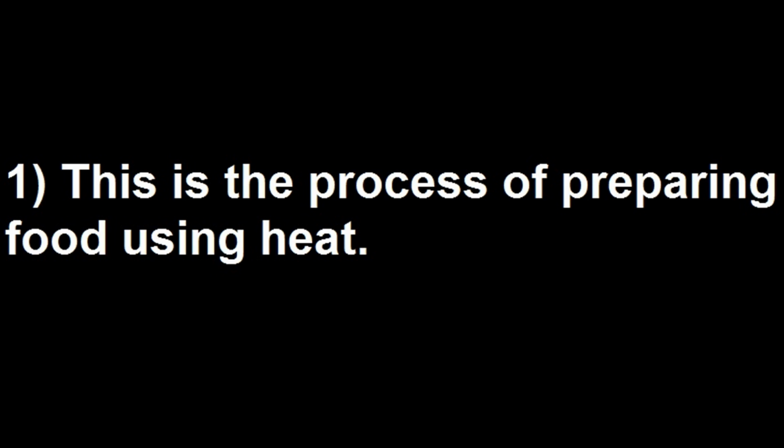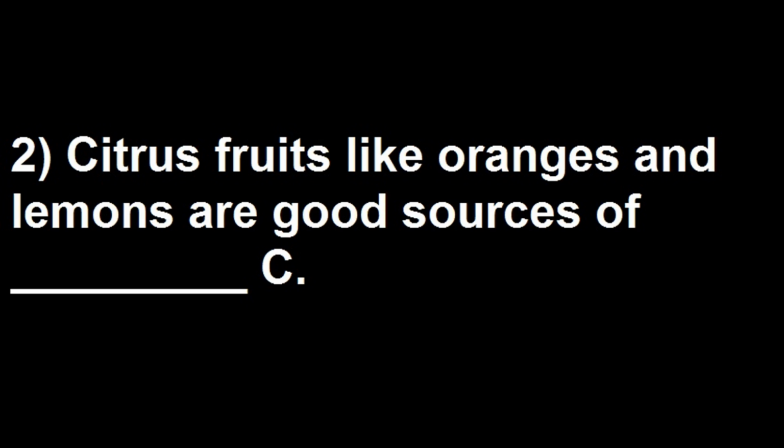Number 1. This is the process of preparing food using heat. The answer is cooking, so we will put it up here. Number 2. Citrus fruits like oranges and lemons are good sources of vitamin C. So we will write vitamin just down here, cooking, in this order.